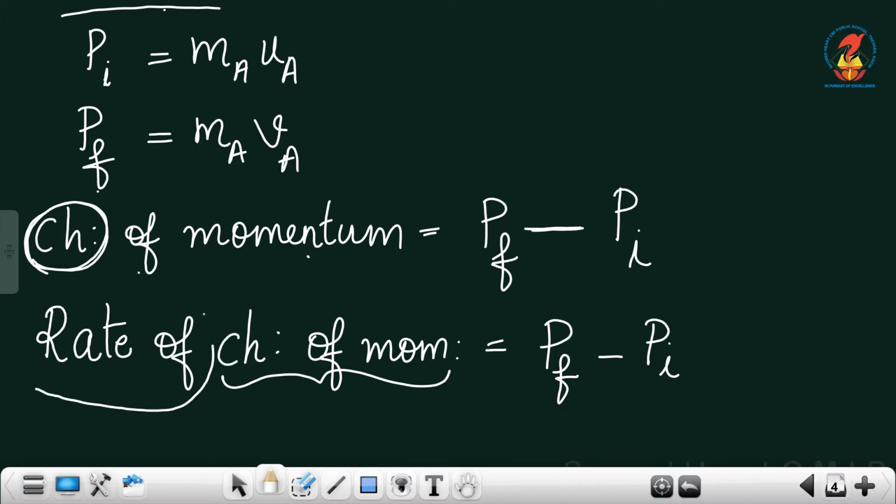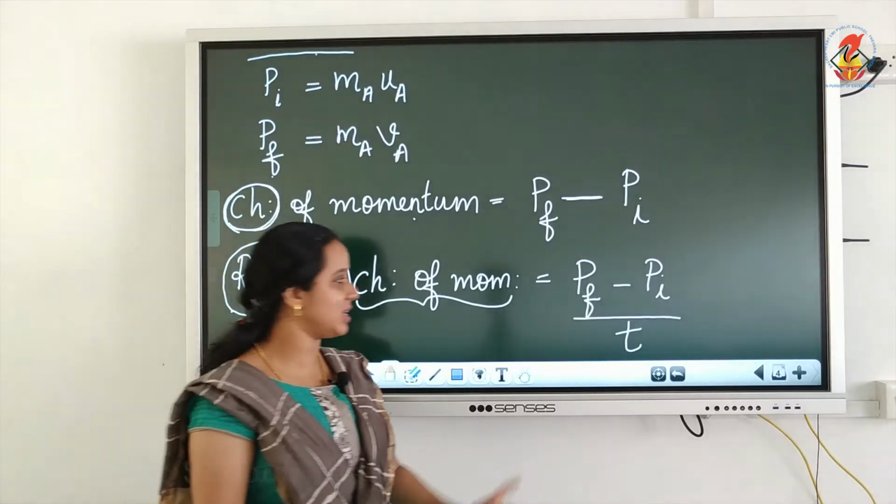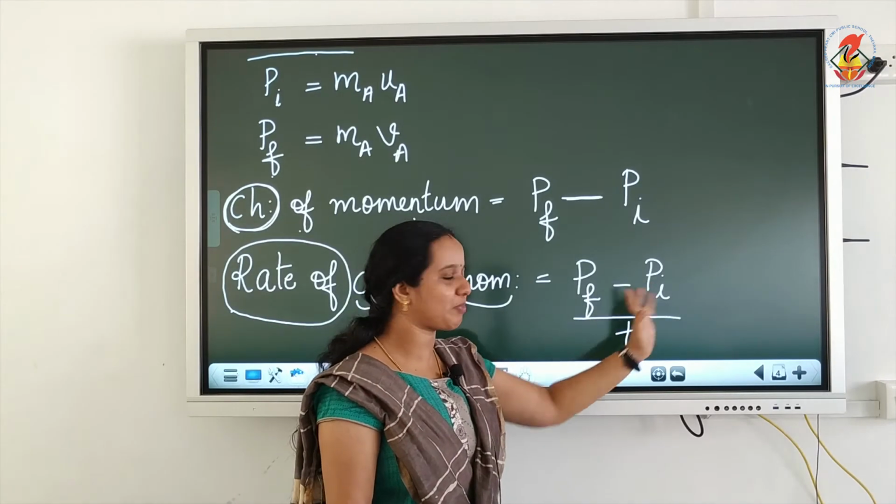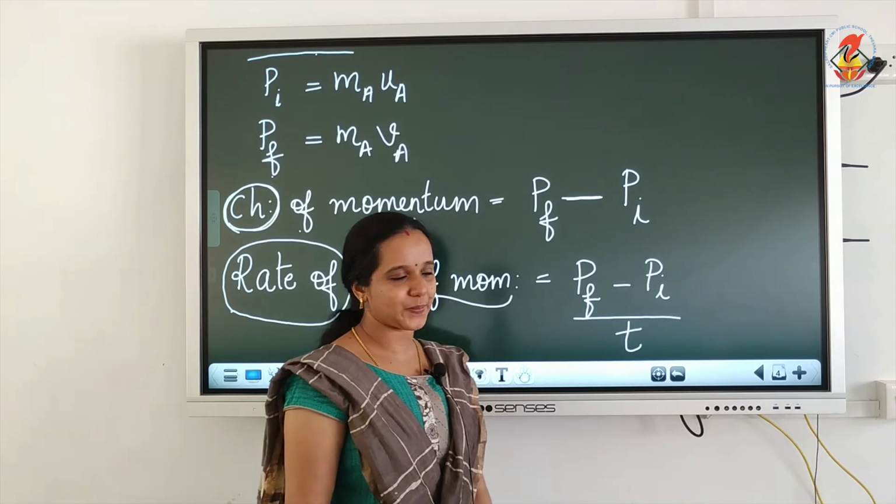The word rate of, as we have discussed in Newton's second law, means divided by time. So, rate of change of momentum is PF minus PI by T.